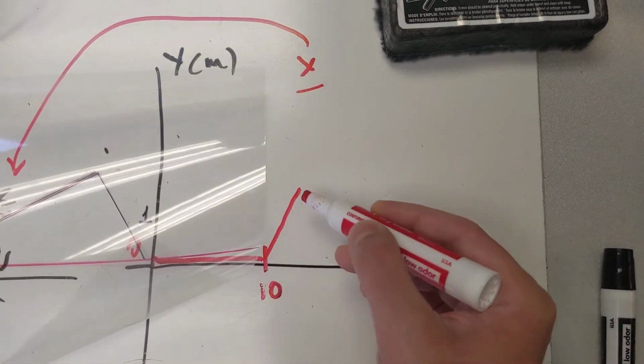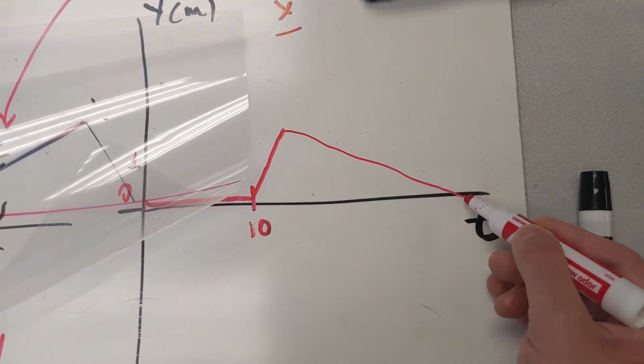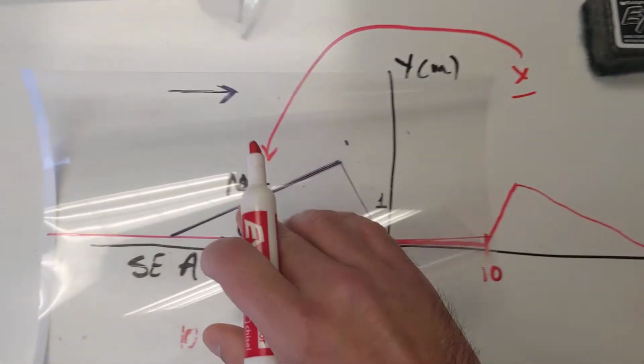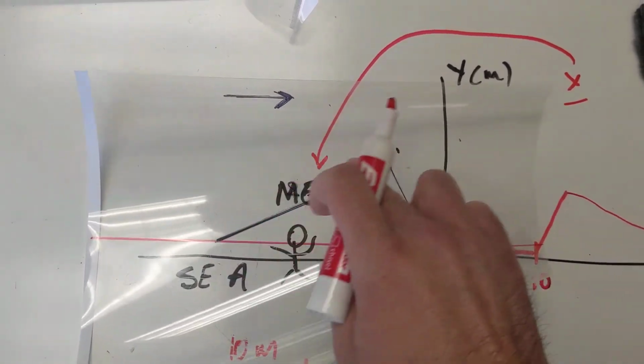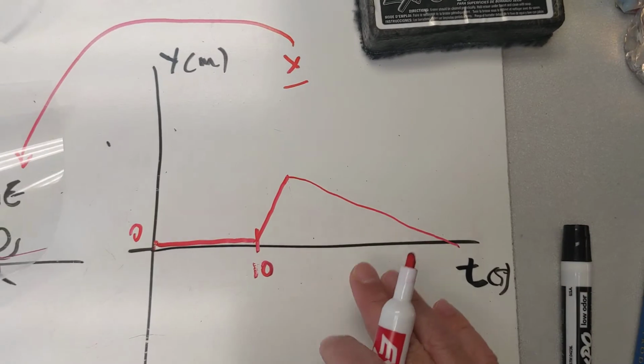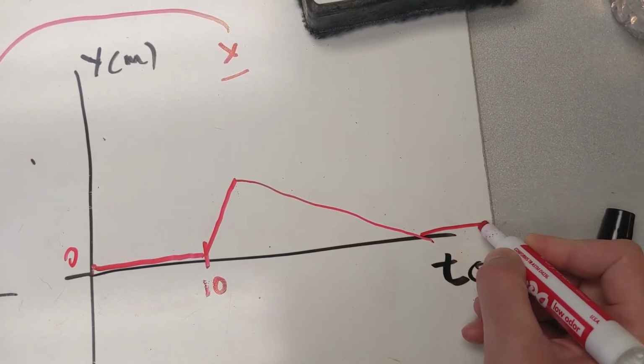So the way that I'm gonna reflect that here is by doing something like this. I am going down to 0, but it just takes me more time, and that is because this part of the wave is longer.